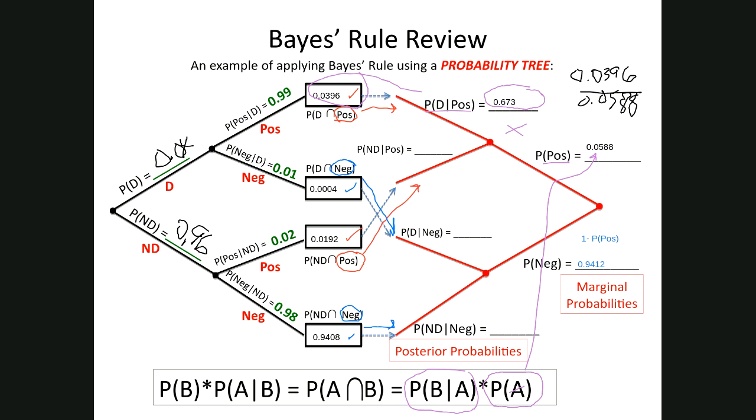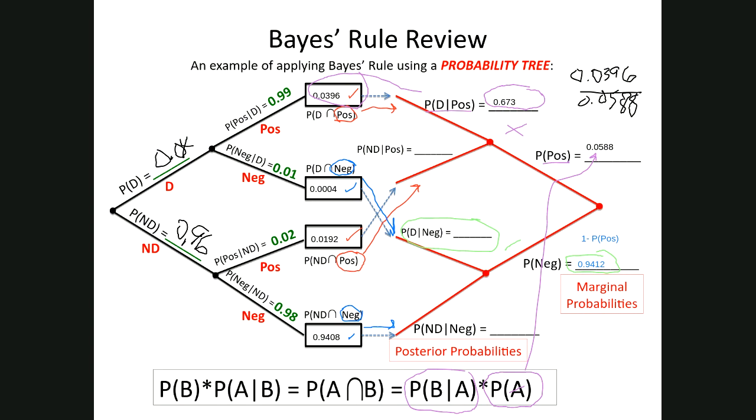And hopefully you would see, let me get a different color, that's this value times this value by Bayes' rule.